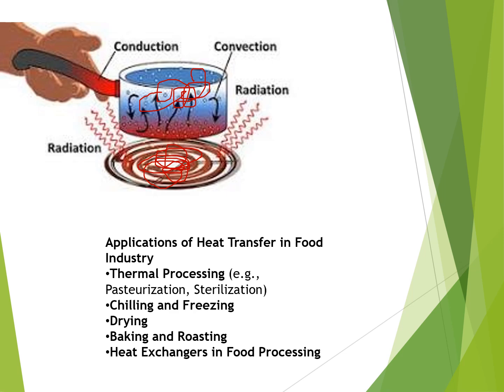So in food processing, where is this theory mostly applicable? In thermal processing like pasteurization, sterilization, then also in freezing and chilling because that is also heat transfer, then drying, which is a very basic food processing operation, baking and roasting, and heat exchangers, where fluids are being heated or cooled.